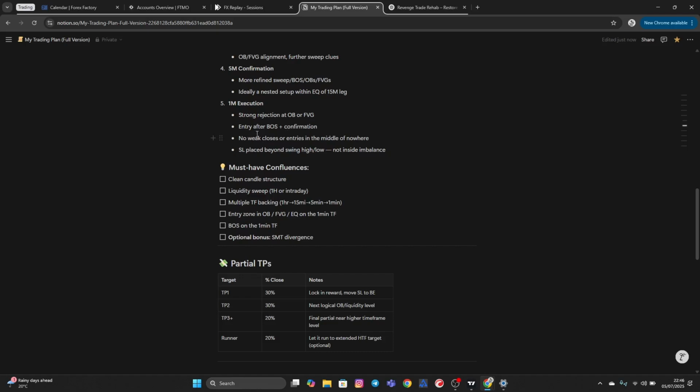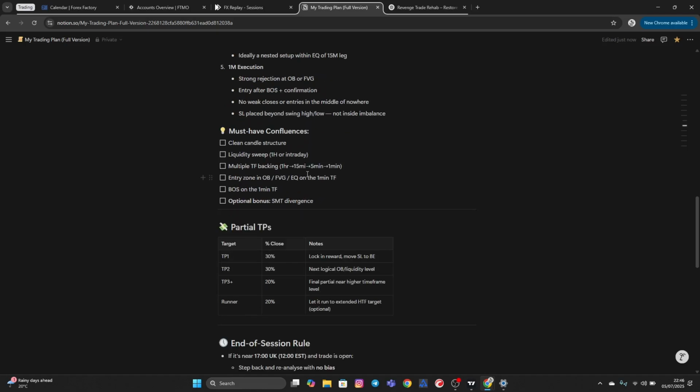Entry: I could enter off breaker structure and confirmation. So if price taps into the FVG, goes on and breaks structure, I'll enter on the candle close with that breaker structure. No weak closes or entries in the middle of nowhere. SL is placed beyond or below the swing high or swing low, not inside imbalances. These are the must-have confluences: clean candle structure, liquidity sweep.